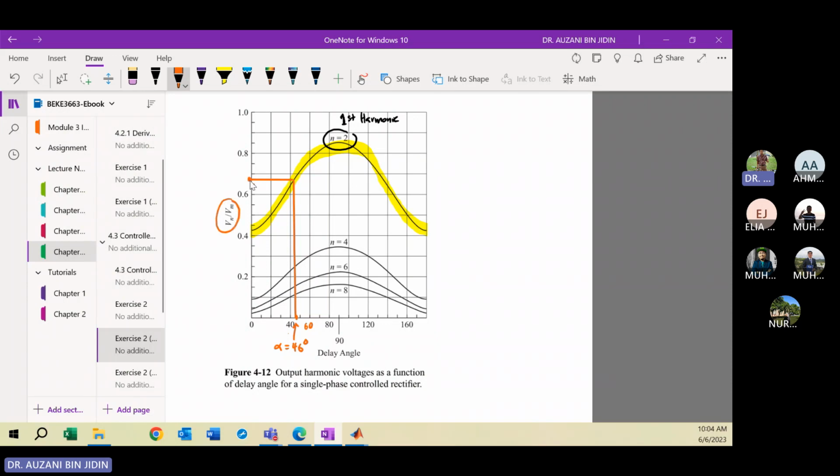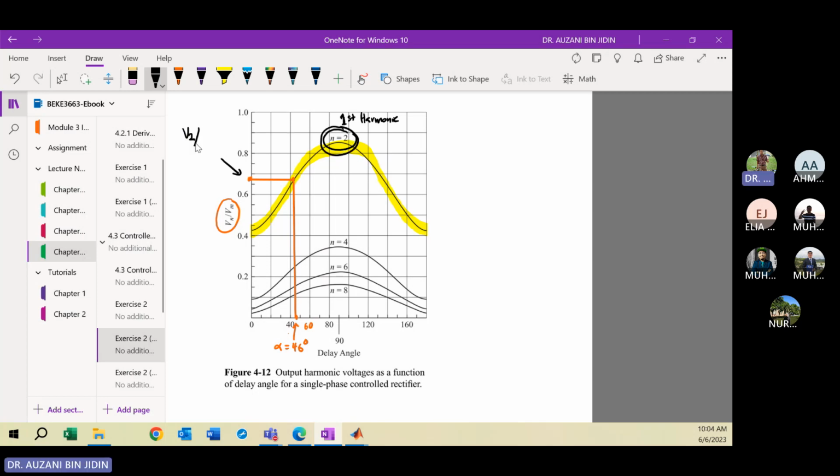Based on alpha of 46 degrees, you draw the line, touch the curve for n equals 2, then project to this point. Here you can estimate the value of V2 because we concentrate on the n equals 2 curve.